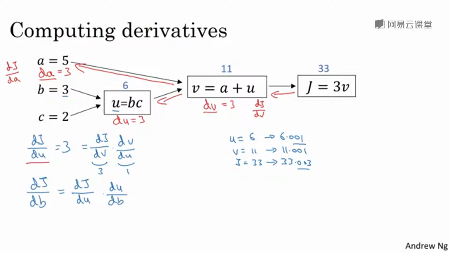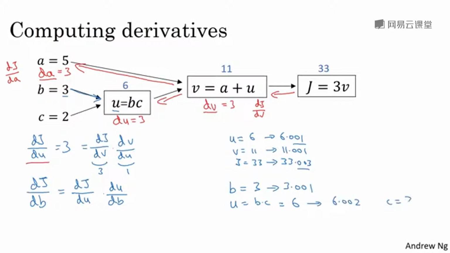And the reasoning is if you change b a little bit, so b goes from 3 to say 3.001, the way it'll affect j is it will first affect u. So how much does it affect u? Well, u is defined as b times c, right? So this will go from 6 when b is equal to 3 to now 6.002, right?